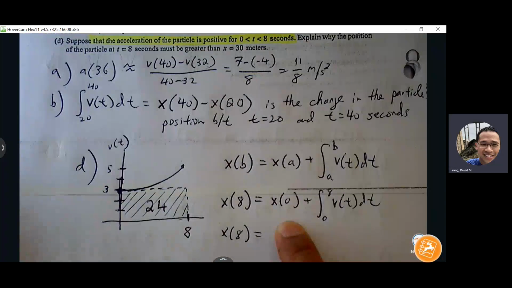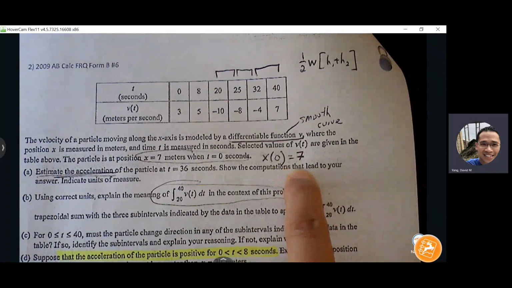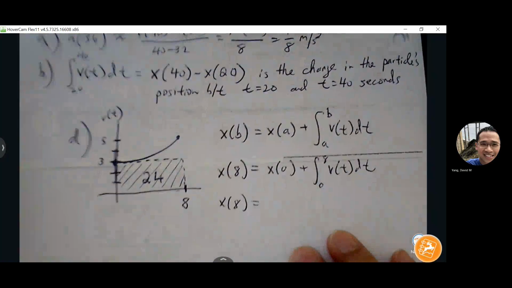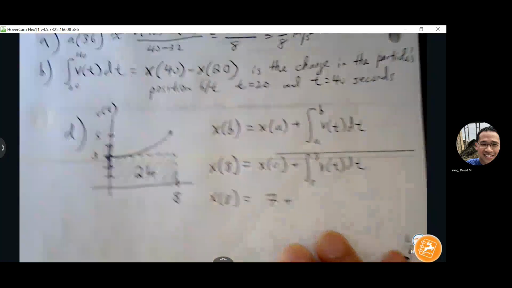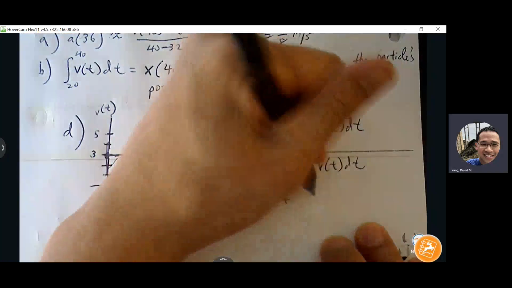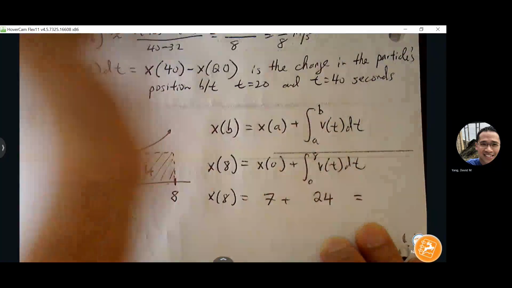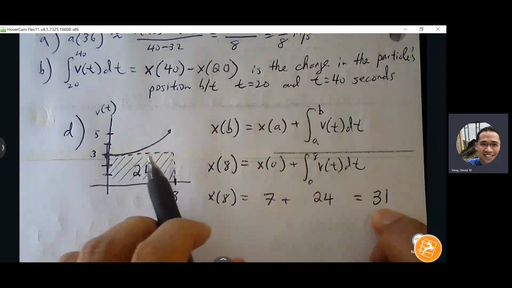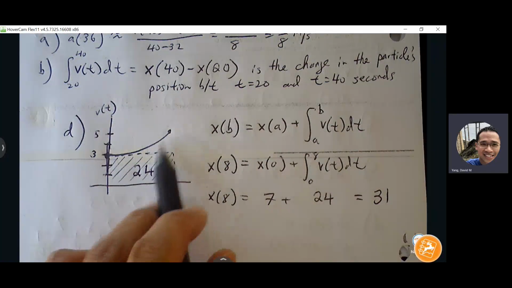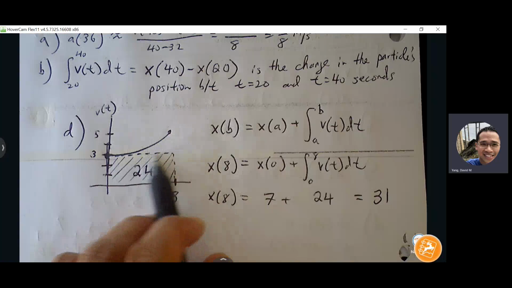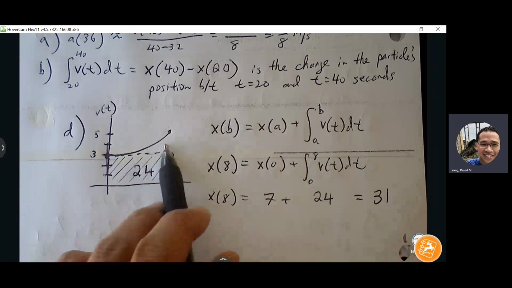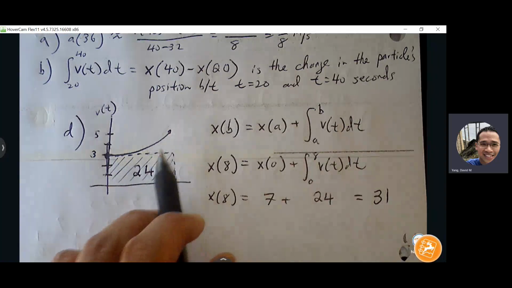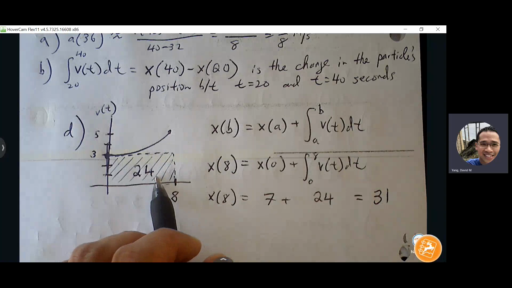So x of 0 is 7, right? That's given to me here, 7. 7 plus 24 is what? 31. But I know that my position will be more than 31, right? Because there's some extra space here that we're not accounting for, and we don't have a formula for it, but we do know it's more than whatever we have in this box.